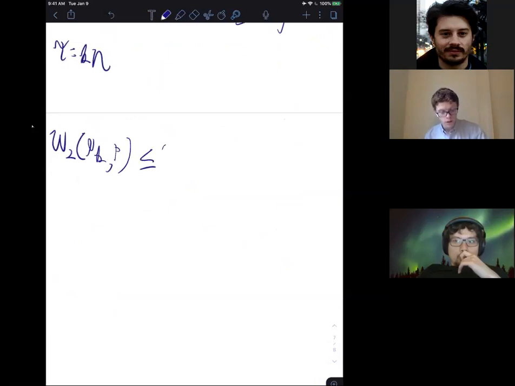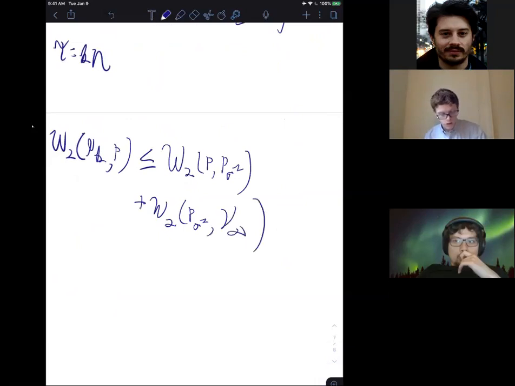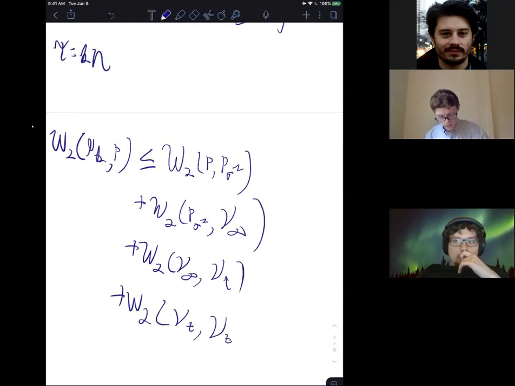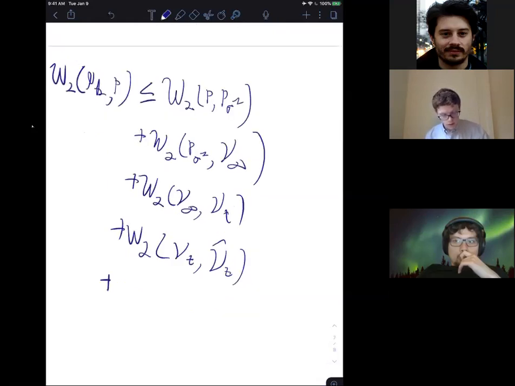So we have W2 of p and p sigma squared, plus W2 of p sigma squared and nu infinity, plus W2 of nu infinity and nu t, plus W2 of nu t and nu t hat, and then finally, plus W2 of nu t hat and mu k.